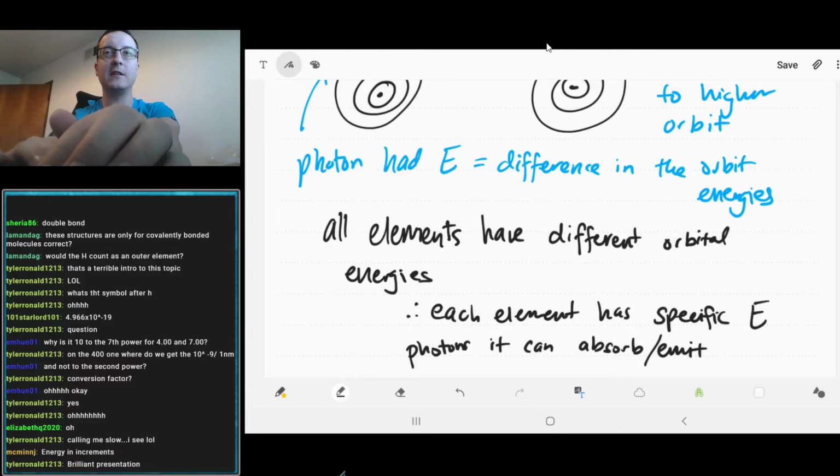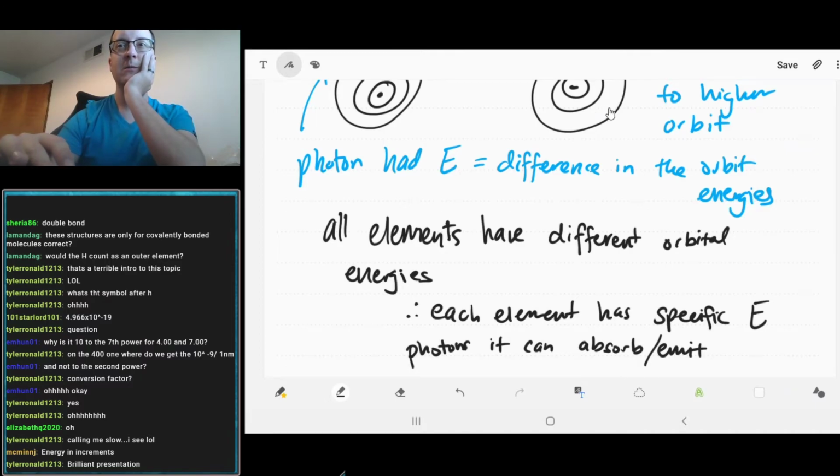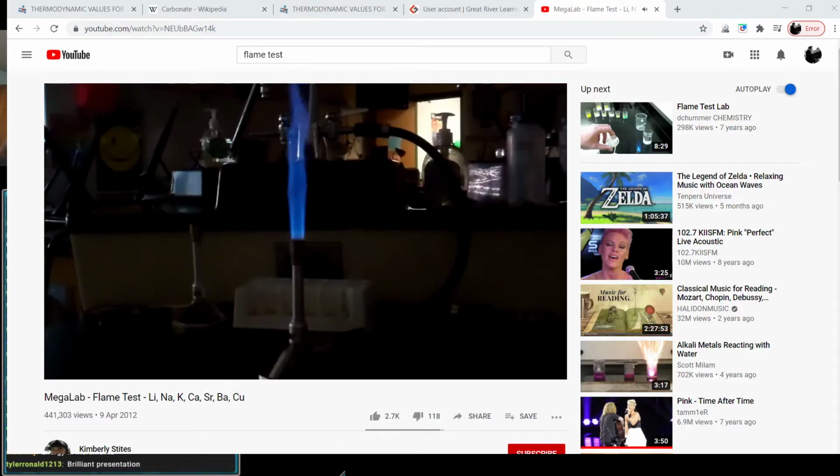This is normally something I would do to show you, but yeah, why not? Okay, here we go. This is our flame test for our Megalab. Here is some fire.